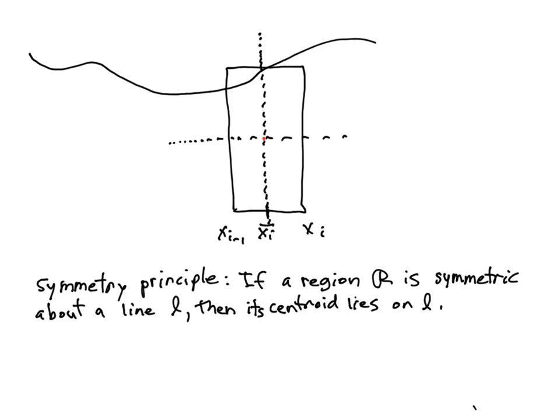Okay? So what are the coordinates of that point? Well, here's our x-axis, right? So this point has coordinate, first off, we are at xi bar. That's the x coordinate. And what would its height be?